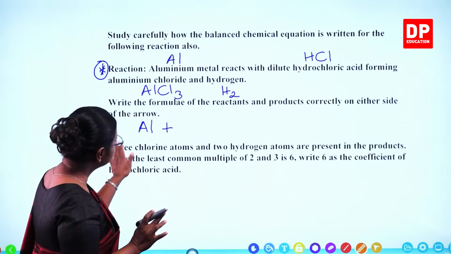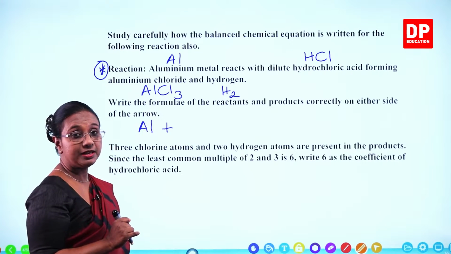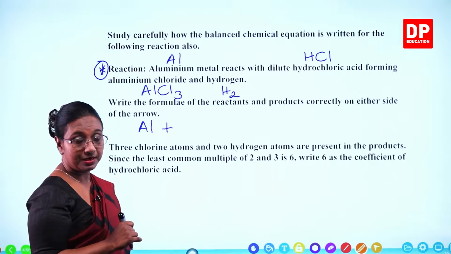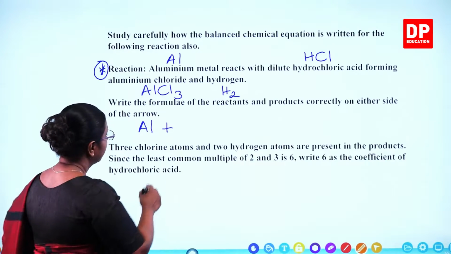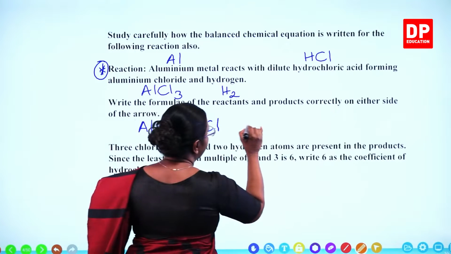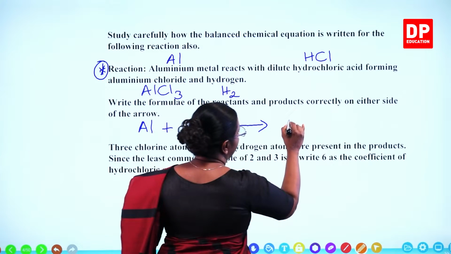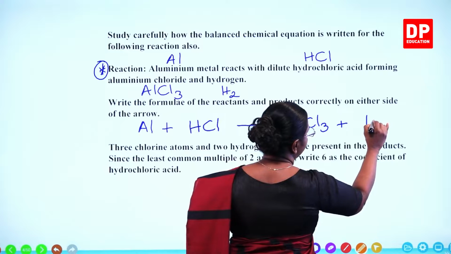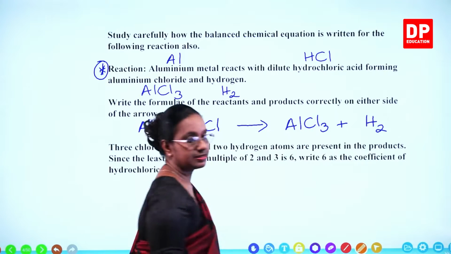So there, since we are writing the balanced chemical equation, we can just write the chemical symbol, chemical formulae. So here HCl. And the products, aluminium chloride and hydrogen gas.